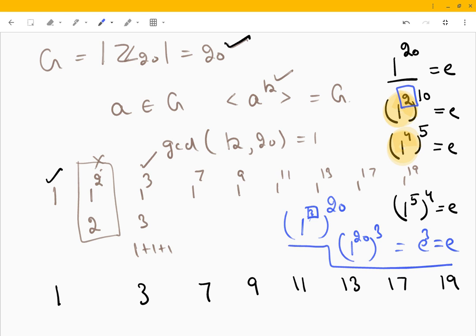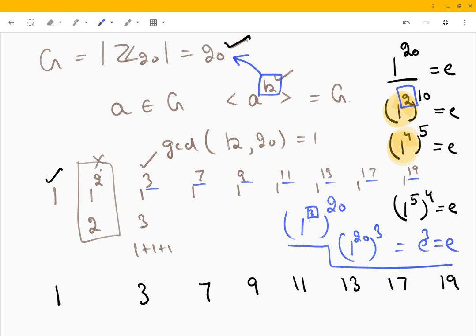Coming back to this, what we make out of this is that for a generator to generate the entire group, its order should be co-prime to the order of the group. Only then will it generate the entire group. And what we have done is we have separated these elements in the example we are taking.